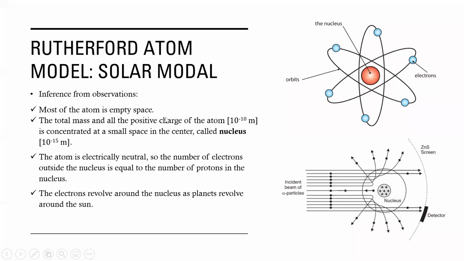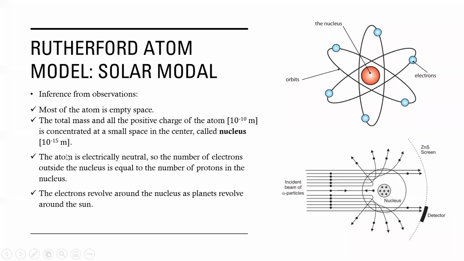Since 99% of the alpha particles which were incident on the gold foil went without any deflection, he concluded that most of the atom is empty space. Only then can these alpha particles go through the atom without any deflection. So most of the atom will be empty space, or around 99% of the atom is empty space.